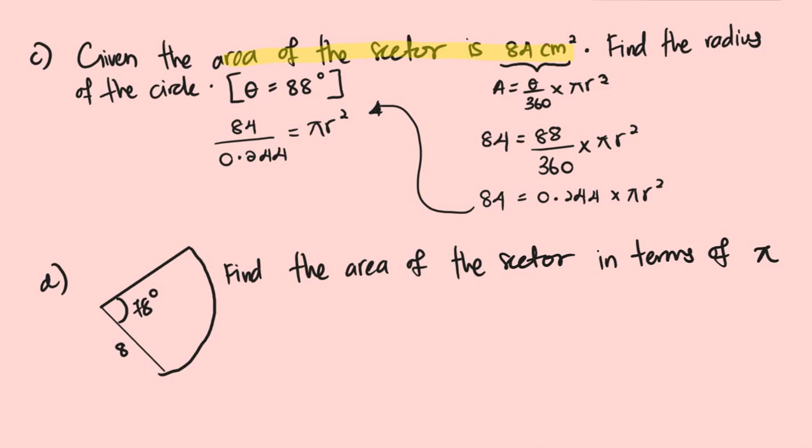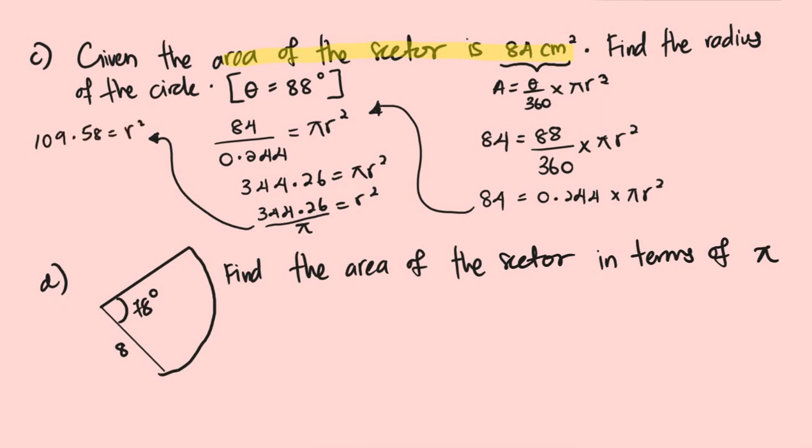So 84 divided by 0.244, I will get 344.26 equals pi r squared, which means r squared will be 344.26 divided by pi. So 344.26 divided by pi is basically, I would get here 109.58 equals r squared.